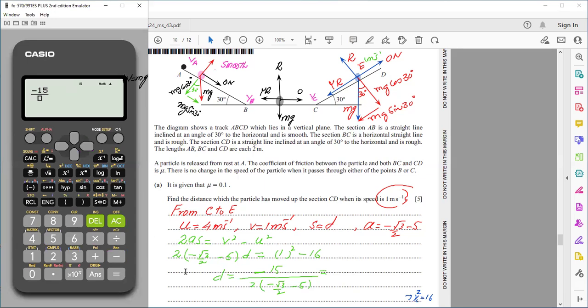In the denominator, I have this 2, then the bracket. In the bracket, I have to do the fraction: minus root 3 over 2, then minus 5. I have to do minus 5 over here and over here.